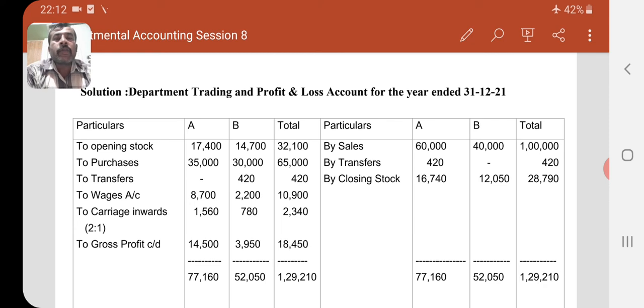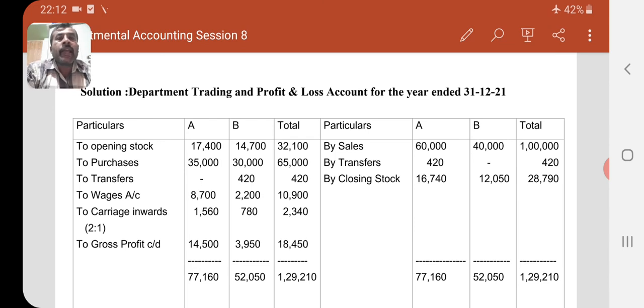Transfers, which is given in the additional information: from Department A the goods have been transferred to Department B at a cost price of rupees 420. So whatever goods are received by Department B from Department A have been debited, rupees 420, that is transfer. Next, wages.